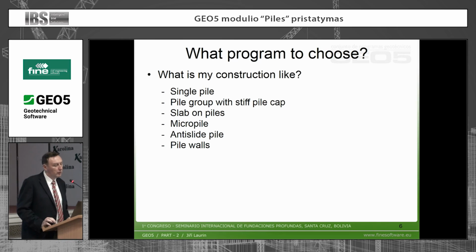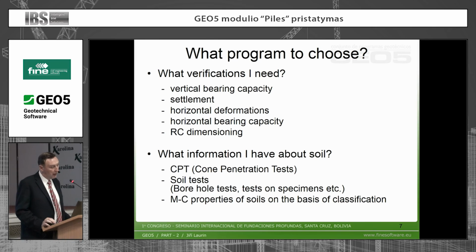Getting back to the question, what program to choose. The first question is what type of construction you have. Is it a single pile, a group, anti-slide pile walls? And what verification do you need? If you are interested just in vertical bearing capacity and you have a CPT test, use the Pile CPT program because you can receive the results very fast.